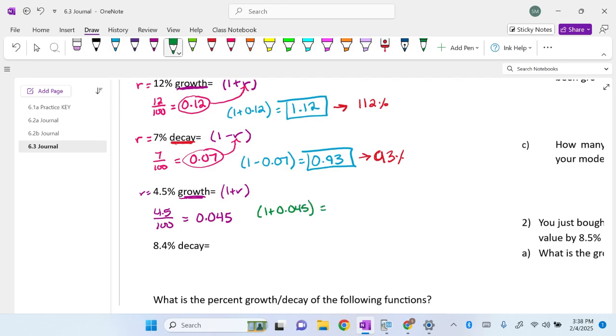That will give me 1.045. So that would be my growth factor. And again, if we convert it back to a percentage, remember you just multiply by 100 to convert it back. This would be 104.5% growth.